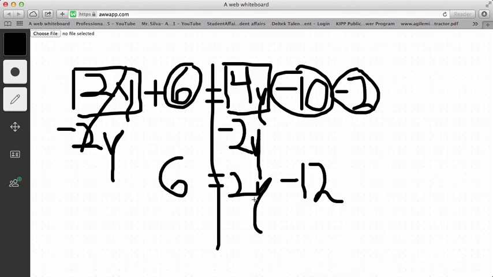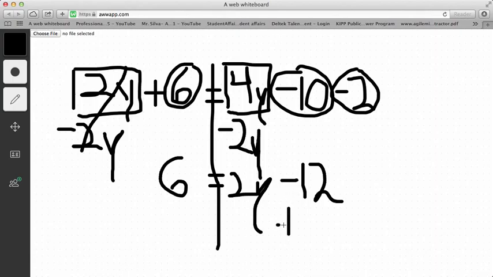Now, here I'm left with a two-step equation where I want to get my variable alone, and I want to get all of my constants on the left side. So again, we'll perform the inverse operation of minus 12. The inverse operation of a minus sign or a negative sign is an addition sign or a positive sign.